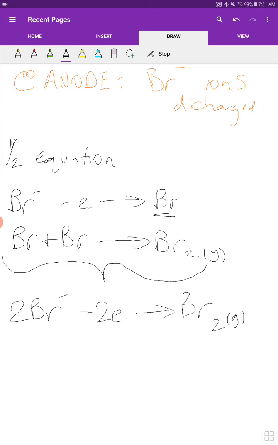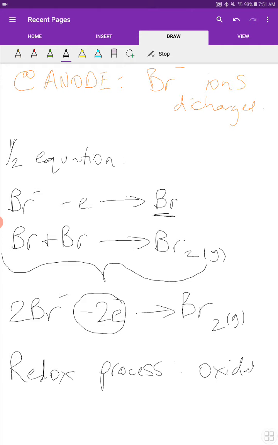Now, because we are losing electrons, what redox process is occurring? Oxidation, because electrons are being lost. Okay, so just like before, at one electrode you have reduction taking place, at the other electrode you have oxidation taking place.